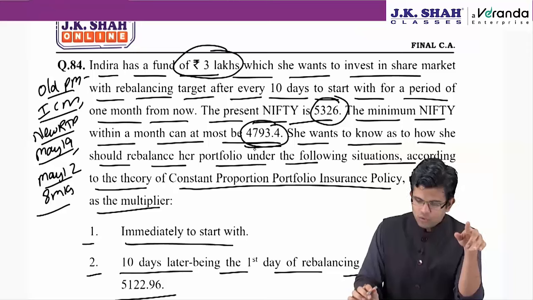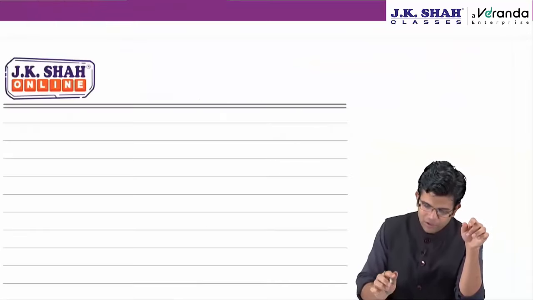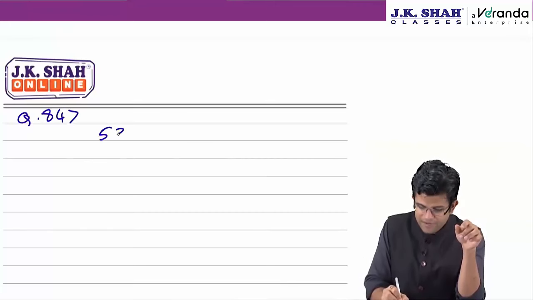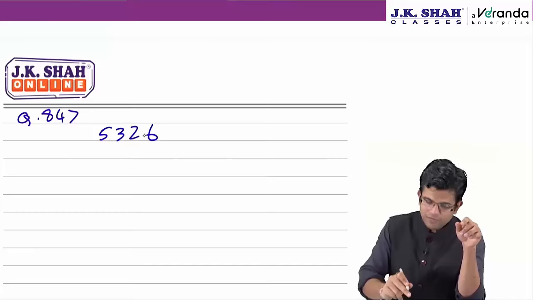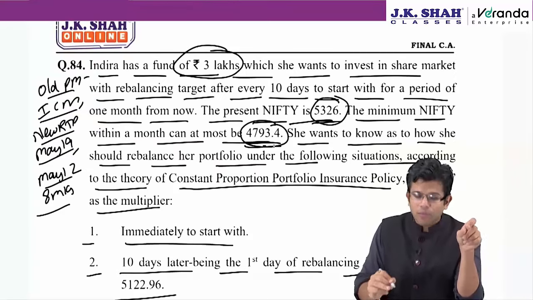So students, do you realize that if 5326 is the present value, I'll write down here question number 84. 5326 is the present value of Nifty. It is saying it can max fall to 4793.4.